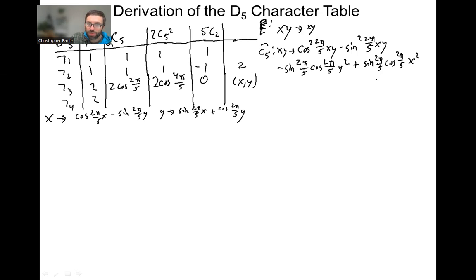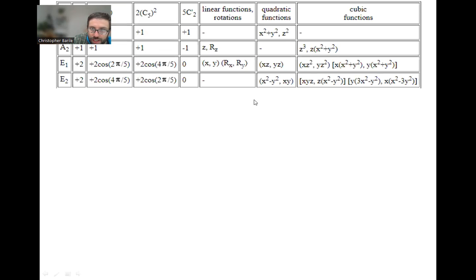Now, what's pretty interesting about this is if you do this, you notice something. We have xy terms, and we have x squared and y squared, and they're minus. Some of our d orbital functions are xy, and another d orbital function is x squared minus y squared. What this is telling us is that these two functions transform together.